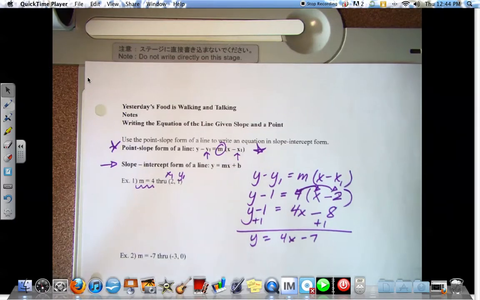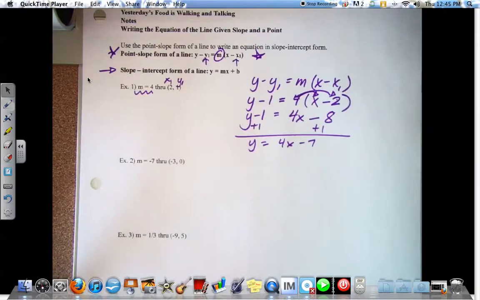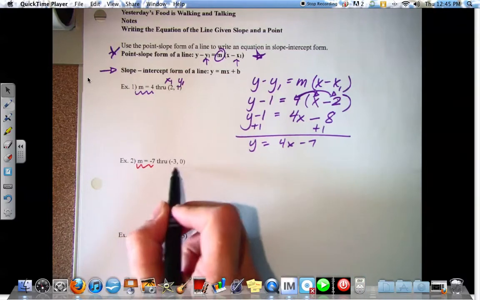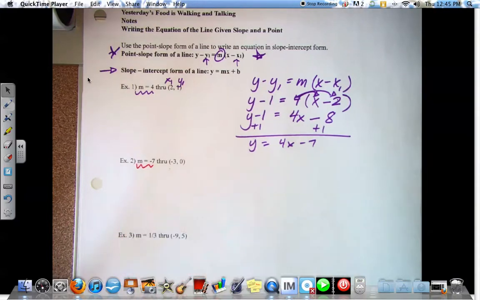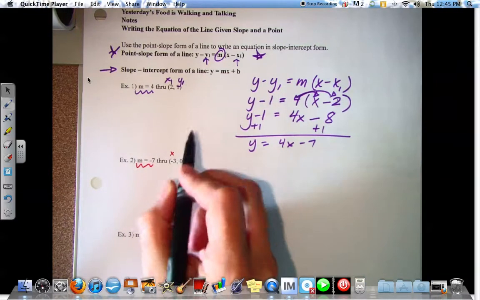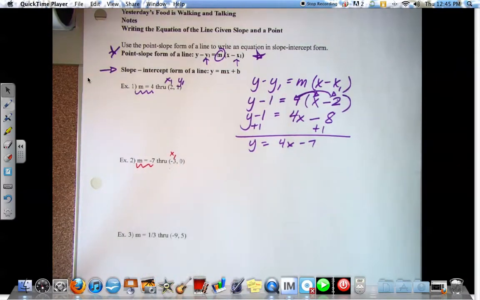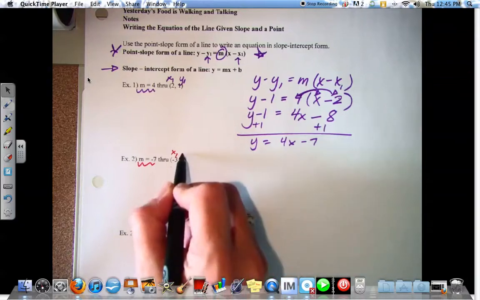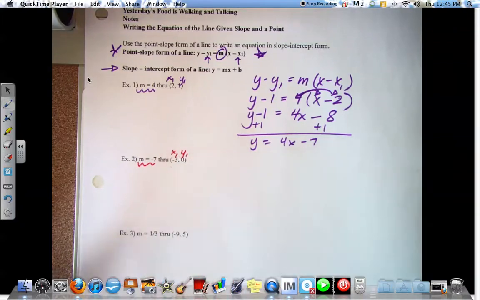All right, so example 2. Our slope is -7. It's going through the point -3 and 0. So -3 is our what value? X value. We're going to label it x1. And the 0 is our what value? Y value. We're going to label that y1.